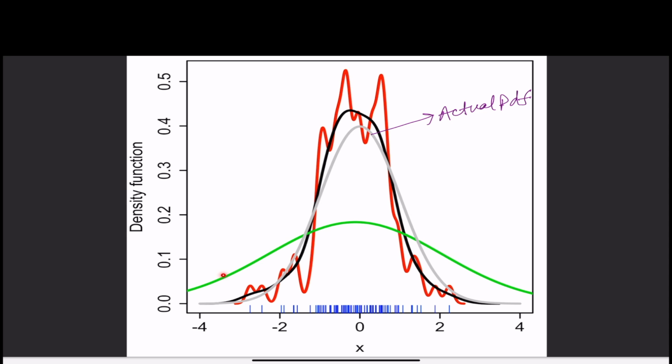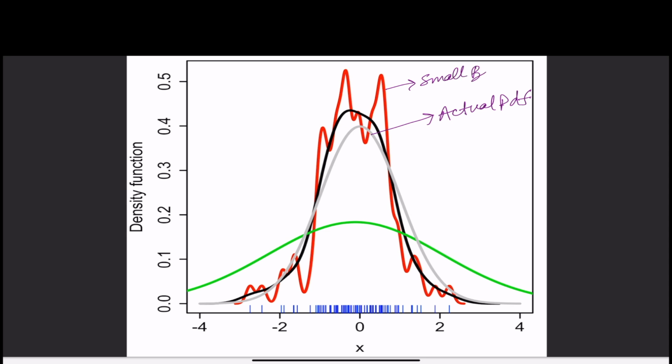If I choose my kernels which are very wide, my PDF will look like this green line. And if I choose kernels which are very narrow, like this red curve, I will get a line like this red line here, which is again very jagged, just like our histograms when we had a lot of bins.